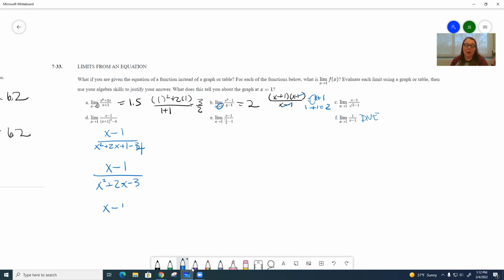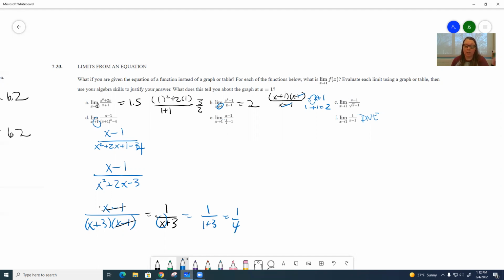Then if I factor this, it would be x plus 3 times x minus 1. Then I simplify, and that gives me 1 over x plus 3. Now I can put the 1 in, and I have 1 over 1 plus 3, which is 1/4.